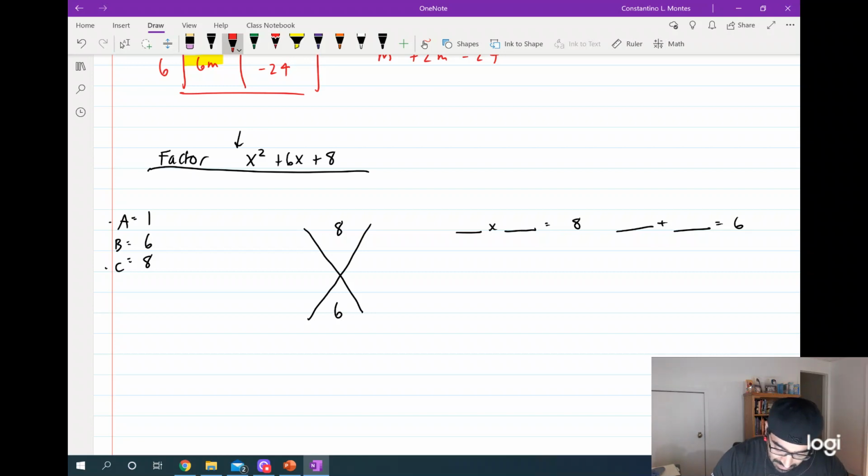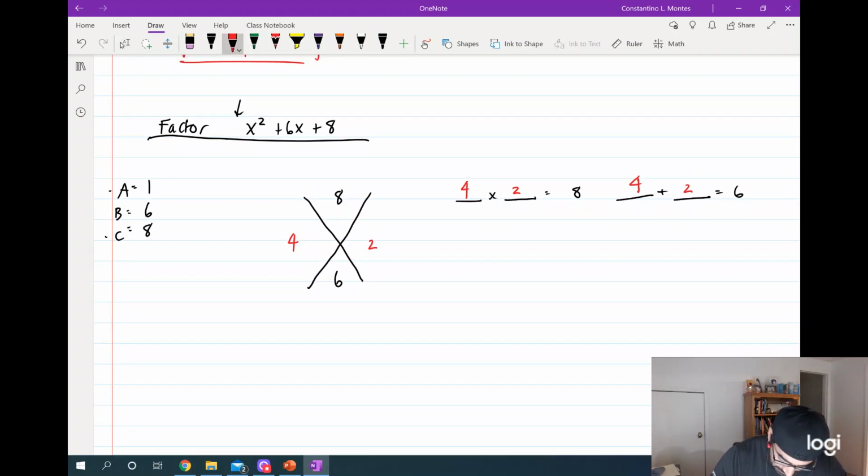So it just means you're getting a little bit better, and you're starting to see what's going on. So in this case, I can see that 4 and 2 will give me 8, and when I take 4 and I add it to 2, that'll give me 6. So those are my two factors, 4 and 2. And so this is going to factor as parentheses, parentheses. We have the x here and the x here.